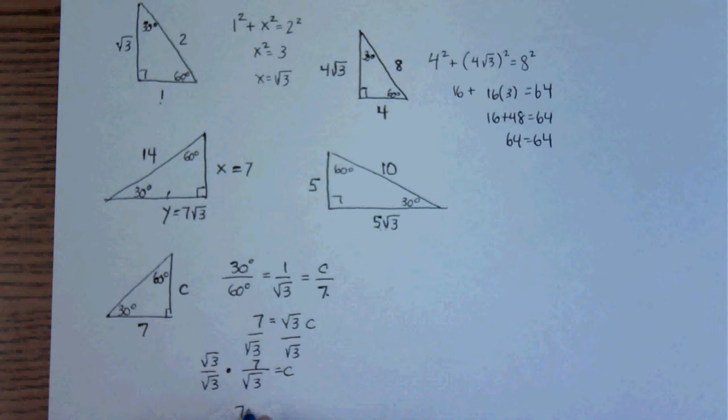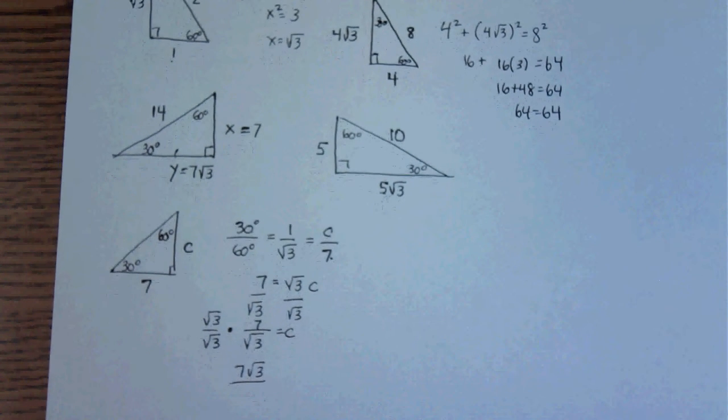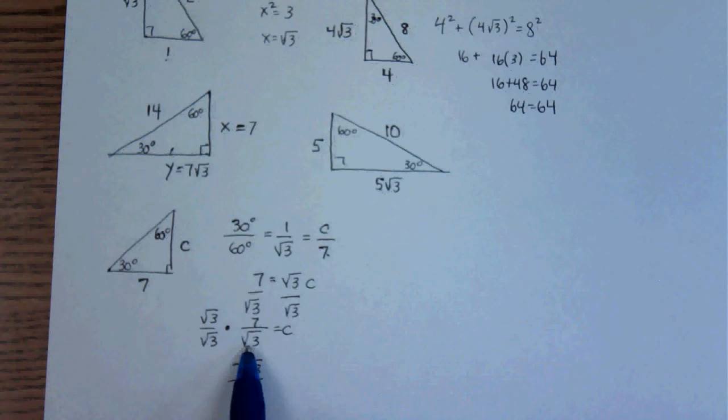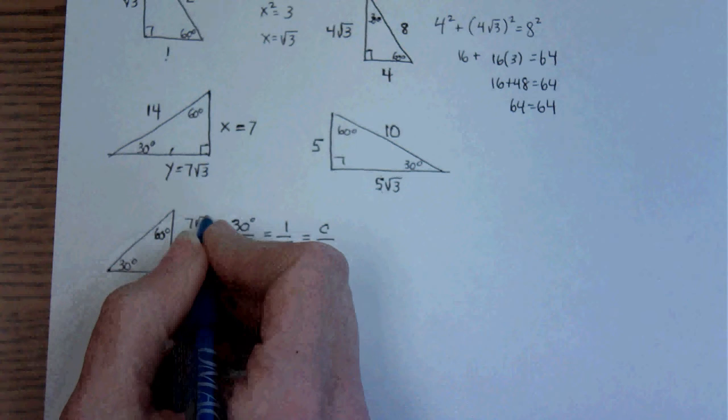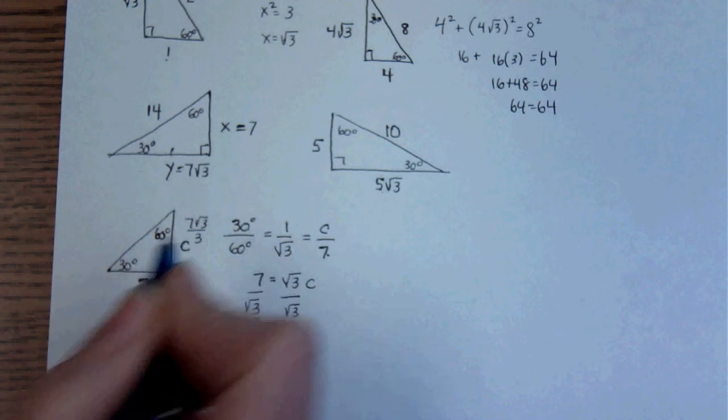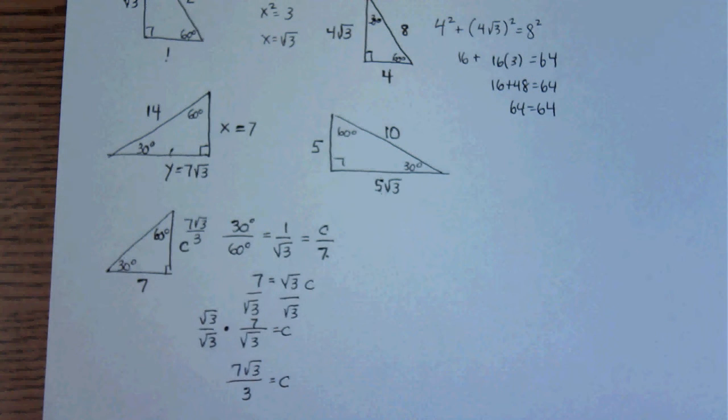So 7 times the square root of 3 is 7 times the square root of 3, just like 7 times x is 7x. And the square root of 3 times the square root of 3 is actually 3. So we get that this side across from the 30 is 7 square roots of 3 divided by 3. And that seems pretty messy, but that's just the way it is.